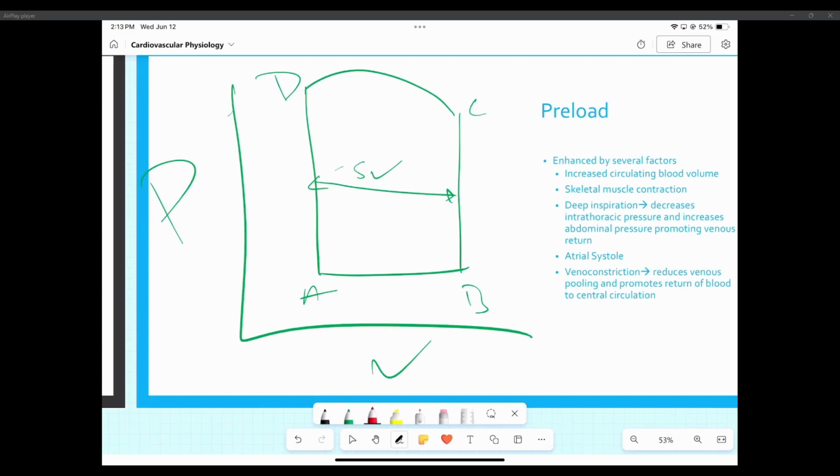Now, I said before that preload is really your end diastolic volume. So at what point is our end diastolic volume? B. So we can now label B as preload, which is also end diastolic volume.